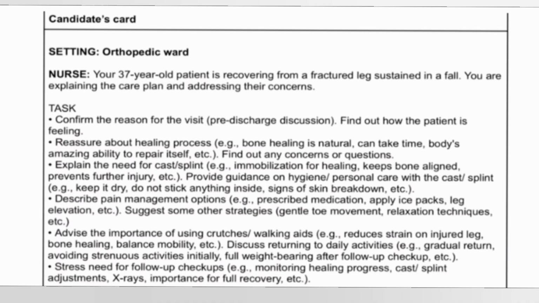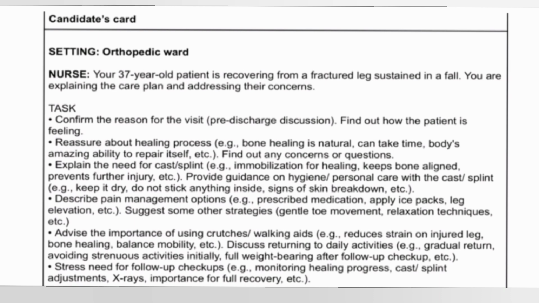From the setting we know that the case is known, and the background history is that a 37-year-old patient is recovering from a fractured leg sustained in a fall, and you are explaining the care plan and addressing their concerns.